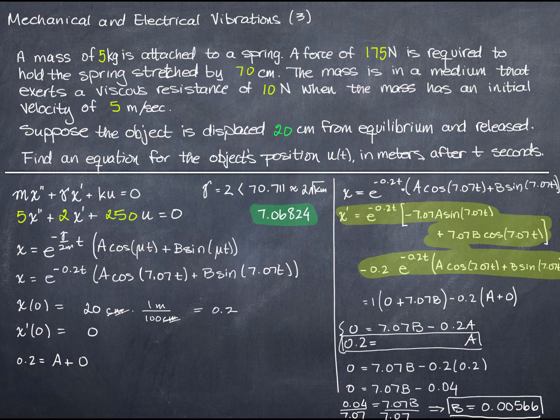So my final result is that x is equal to e to the negative 0.2t times a, which is 0.2, the cosine of 7.068t, plus b, so plus 0.00566 times the sine of 7.068t, and that's my answer.